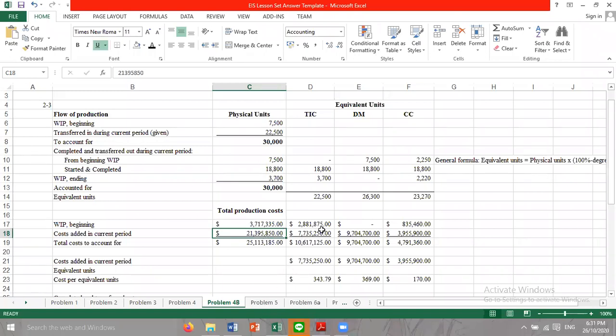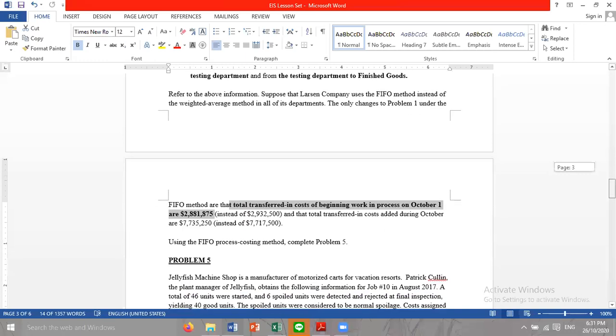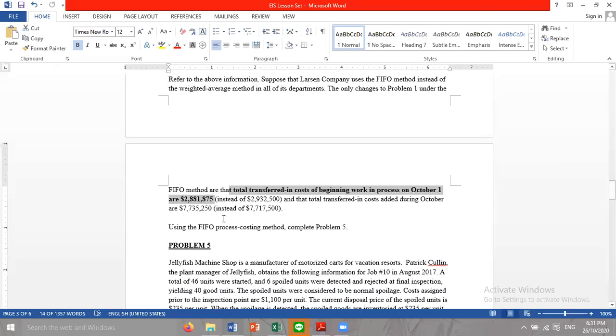Then we calculate the cost added in the current period. Once again, these are all information available from the question. So first of all, the transferred in cost is a bit different than the one in weighted average, as stated in the question. Total transferred cost added during October is 7,735,250 instead of the previous one.